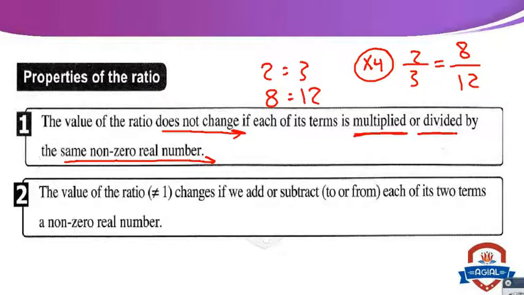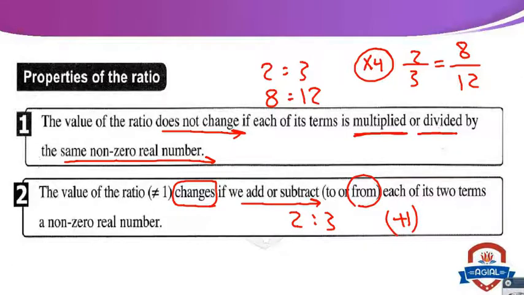Property number 2, the value of the ratio, not equal 1, it changes if we add to or subtract from each of its terms a non-zero real number. For example, 2 to 3, for example, add 1.